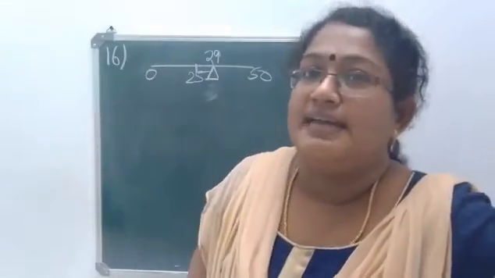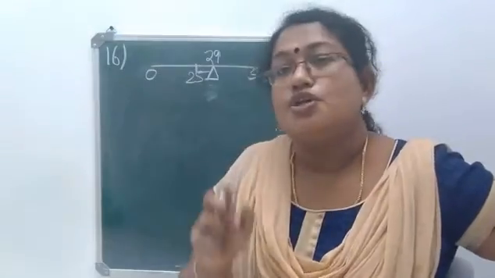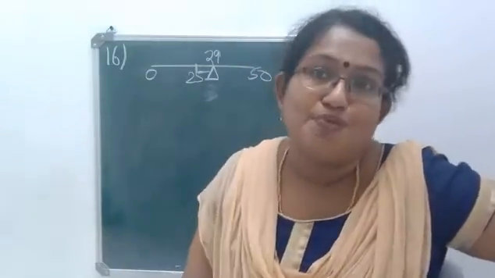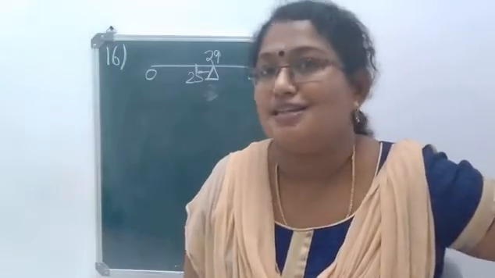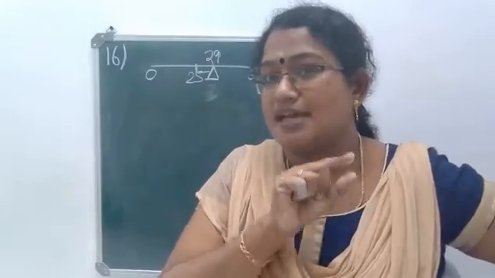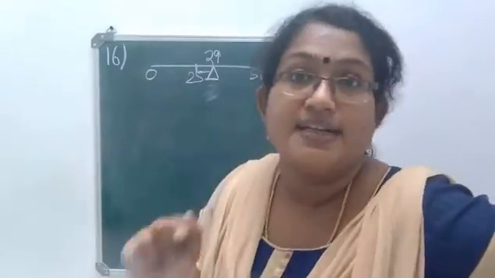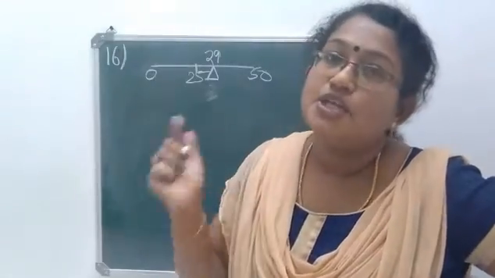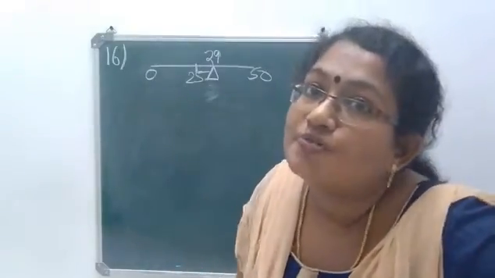Always keep in mind that the weights should be hung on either side of the pivot in order to balance a ruler. But in the previous question it was different because in that case the pivot was on one end. In all the other cases, the weights should be hung on either side of the pivot.